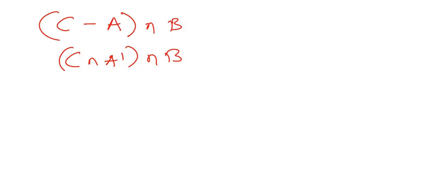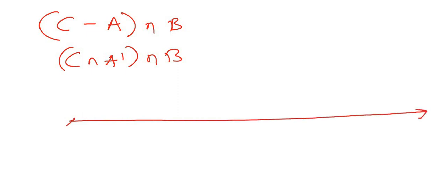So what we're having is our A complement. Let me just try to open this. Our A was from -1 to 6, closed at 6 and open at -1.